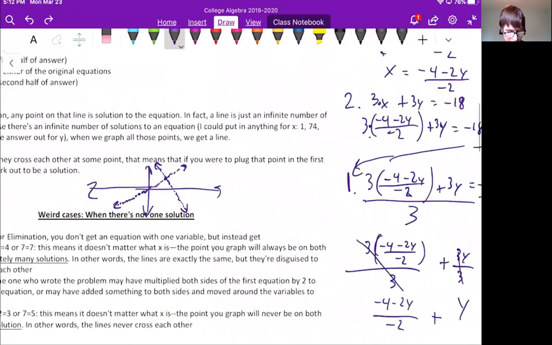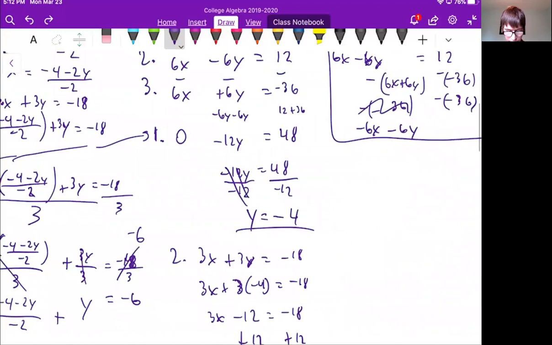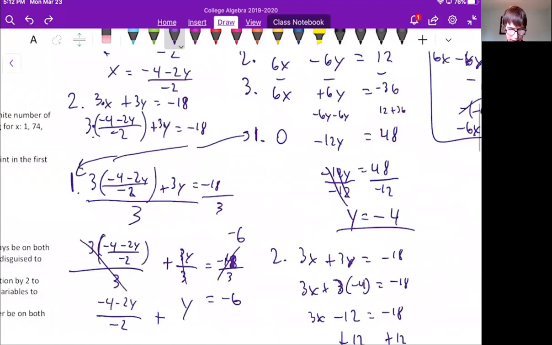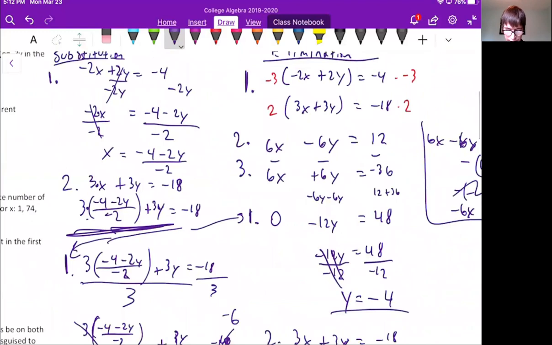If it doesn't equal each other, if it's like 2 equals 3 or 7 equals 5, then that is the sign of this sort of answer. Maybe another way to find it is right down here when you do the elimination. If instead of getting minus 12y equals 48, you get something like 3 equals 7, then you know that has no solution.